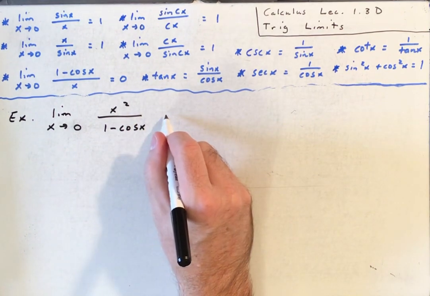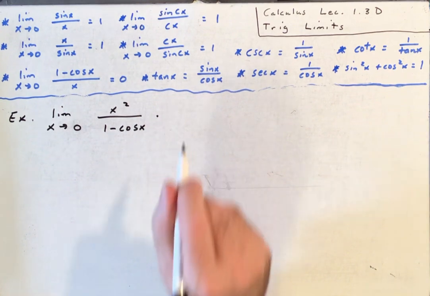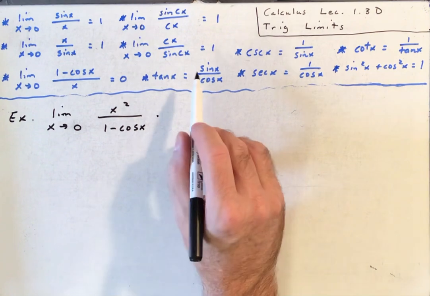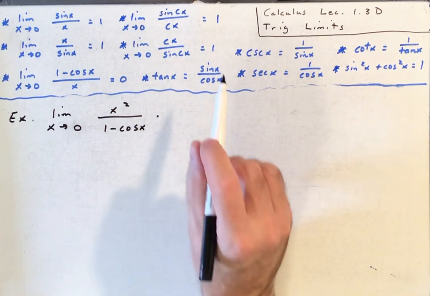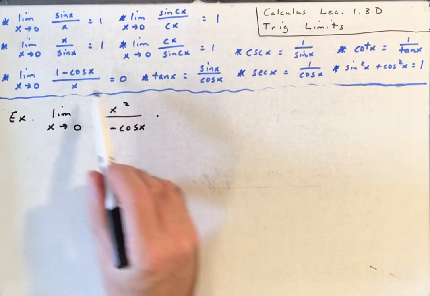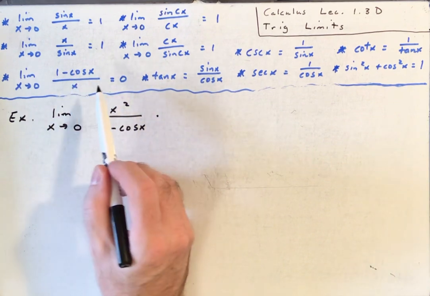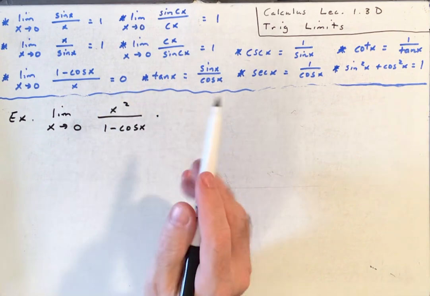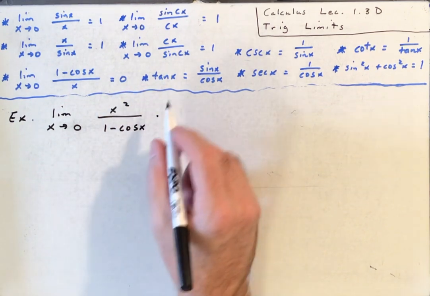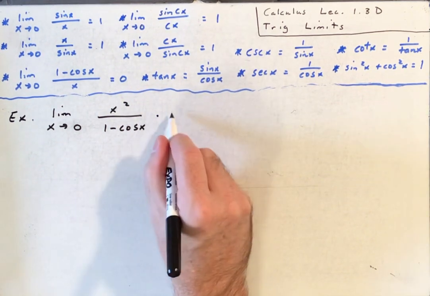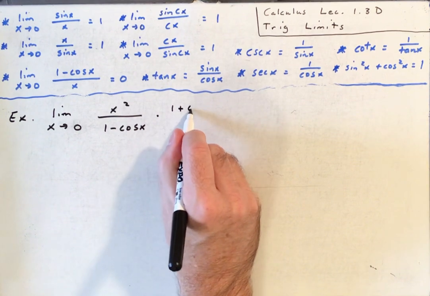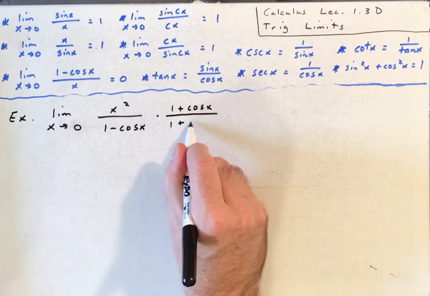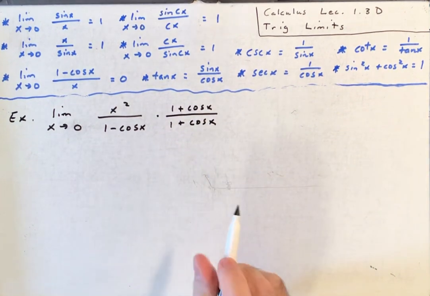This one is tough. You don't have a formula that looks like it. You might think, oh, x over 1 minus cosine x is equal to 0, but the reciprocal of 0 is not 0. So what you have to do is multiply by the conjugate. That's one of your mathematical tricks. Multiply by a conjugate. So just a clever version of 1.